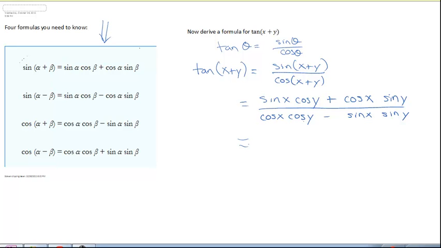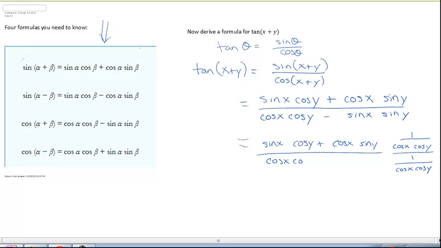Alright, so let's actually do that. Let's multiply through by a factor of 1. But the question is, which factor of 1? What should I multiply through by? Well, we're going to multiply each side by 1 over cosine x cosine y. It will become apparent in a second why this is a useful simplification of the expression that we've started with.